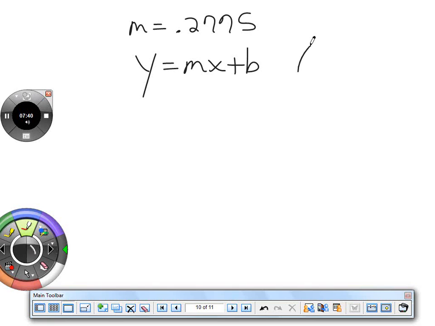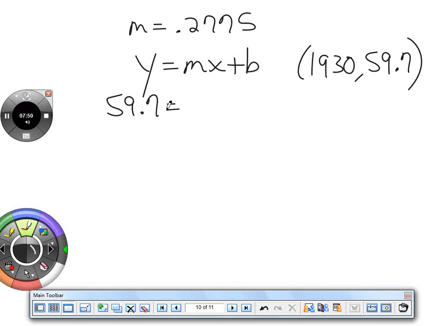And the point I'm using is 1930, 59.7. So I'm going to plug 59.7 in here for the y. And the m is what we calculated, 0.2775. The x is 1930.